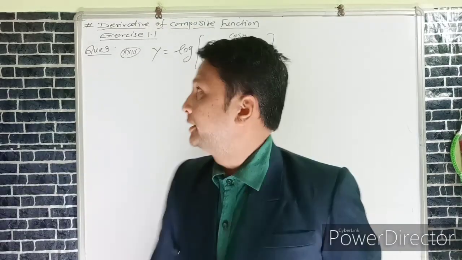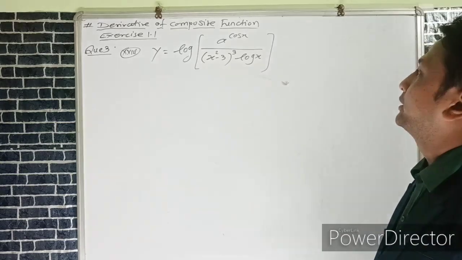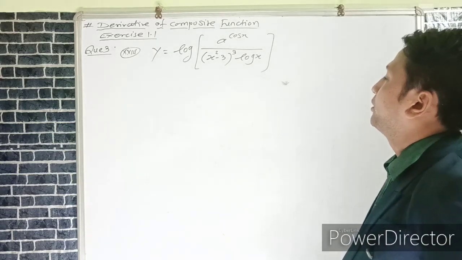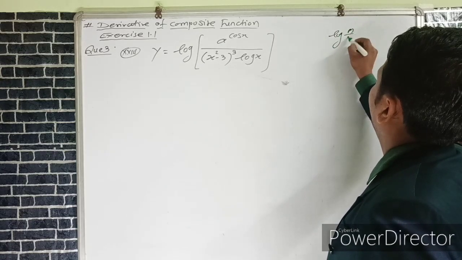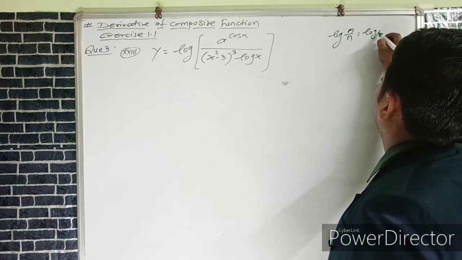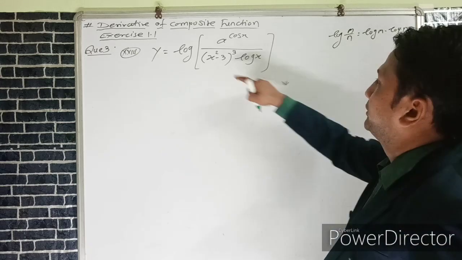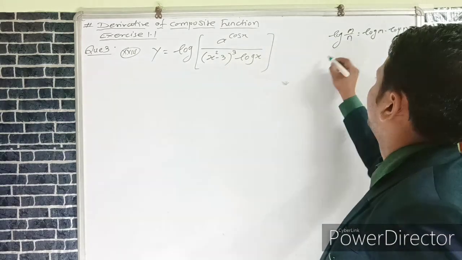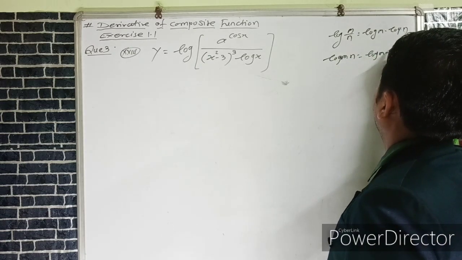In example number 18, y is equal to log of a to the power cos x upon (x square minus 3) whole bracket cube into log x. Here we use log of m upon n, which is log m minus log n. After that, in the denominator we apply log of m into n, which is log m plus log n.